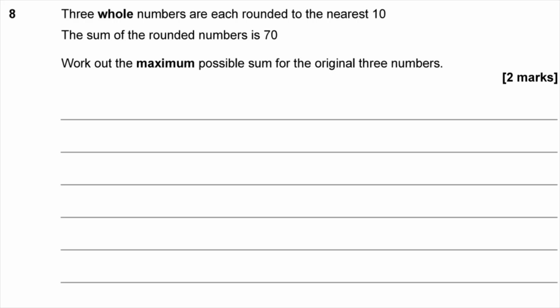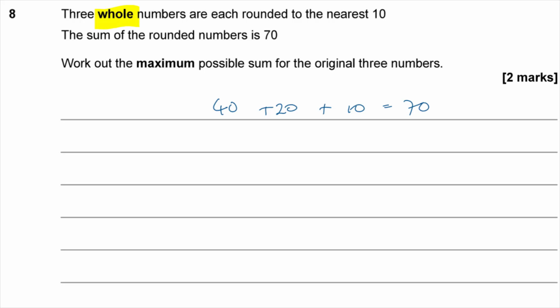So three whole numbers are each rounded to the nearest 10 and they sum to 70. So let's say that my three rounded numbers are 40, 20 and 10. That would add up to 70, wouldn't it? So what is the maximum number that would round to 40? Now remember, these are whole numbers, so they can't be point anything.